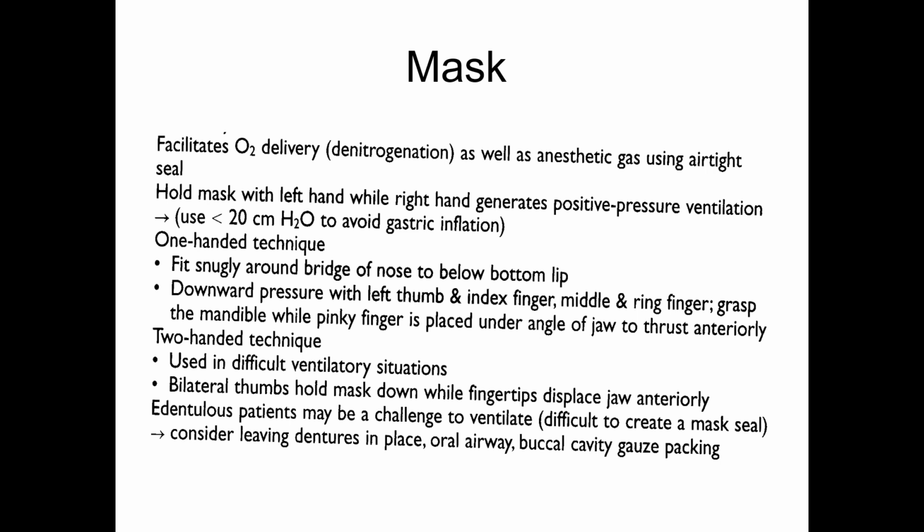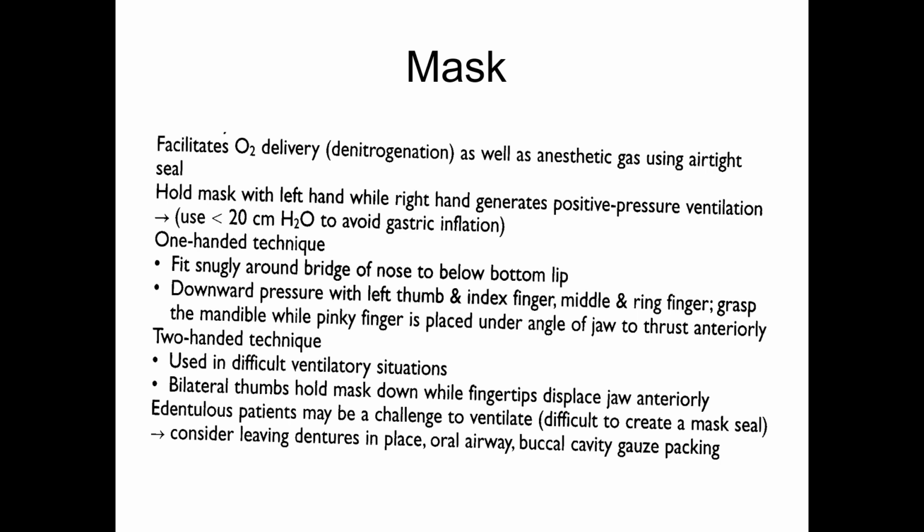We put our thumb and index finger as a C-shaped letter on the mask, and the other three fingers as an E letter below the patient's chin, and fit it very well. And at the same time try to thrust the chin, that's when you pull the chin to the front, so the tongue will not obstruct the airway.